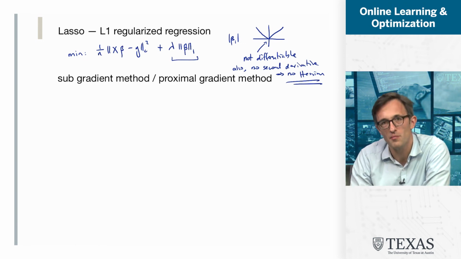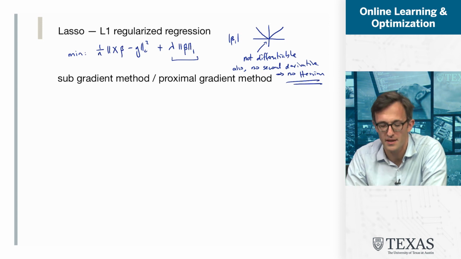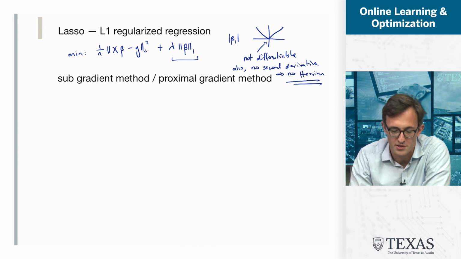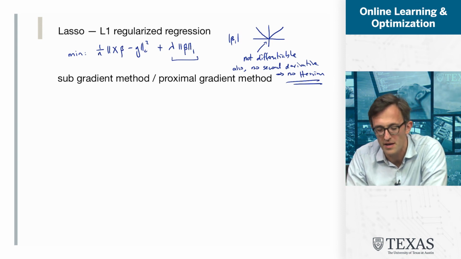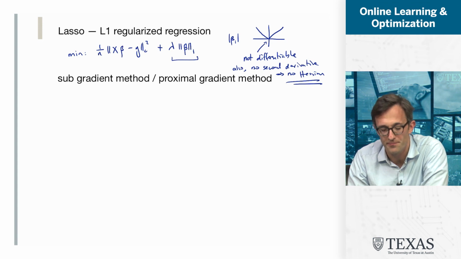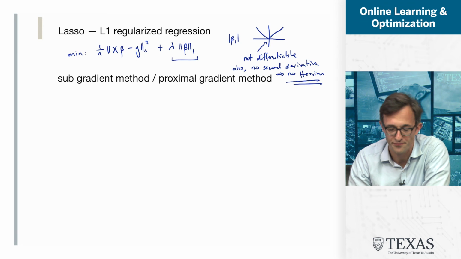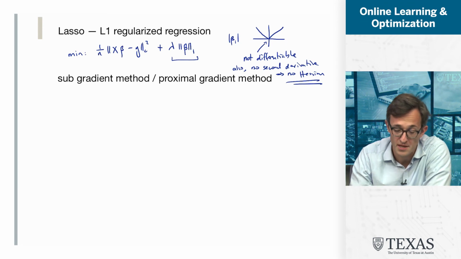We need something a little bit more sophisticated here, even more sophisticated than gradient descent, because we don't even have a gradient. But it turns out that we have something very close to that, which is called the subgradient method. I'm not going to define this in detail because it takes a little bit more motivation and development of notation.